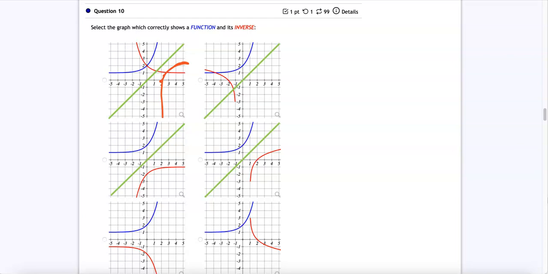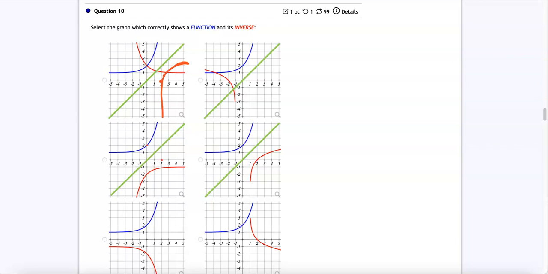This one at first glance looks correct, but I'll tell you how I knew it wasn't correct after I paused. The point here, 0, 2, should correspond to a point over here at 2, 0. Remember, you switch the x and the y coordinates, so 0, 2 must correspond to 2, 0.